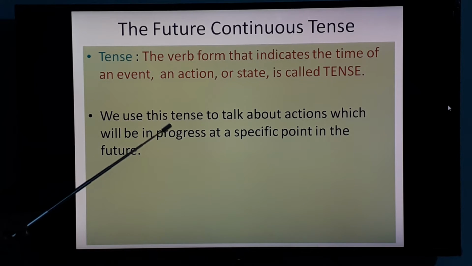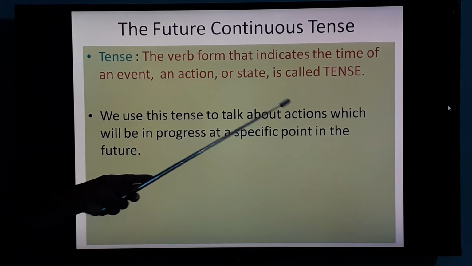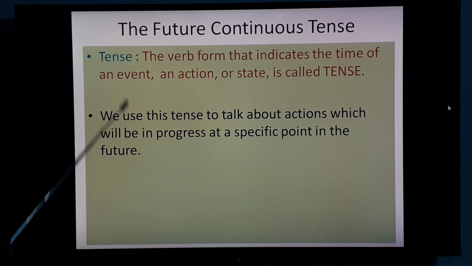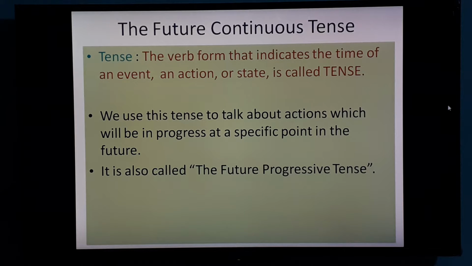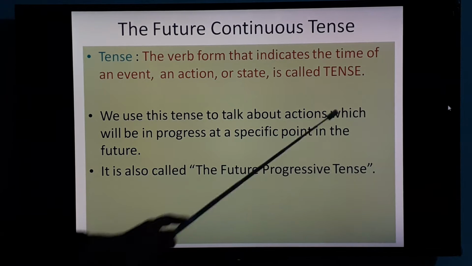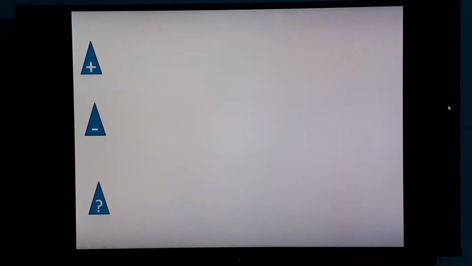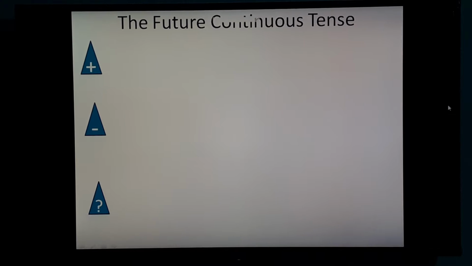We use this tense to talk about actions which will be in progress at a specific point in the future. It is also called the future progressive tense.